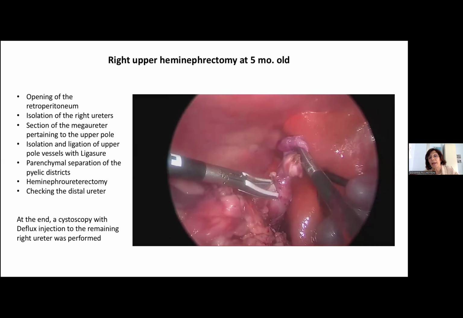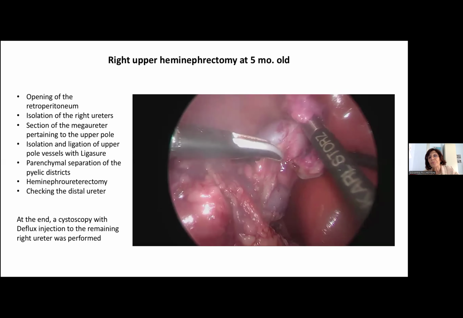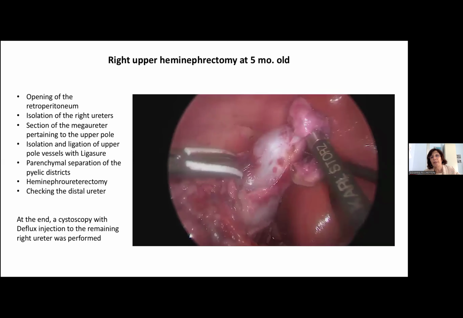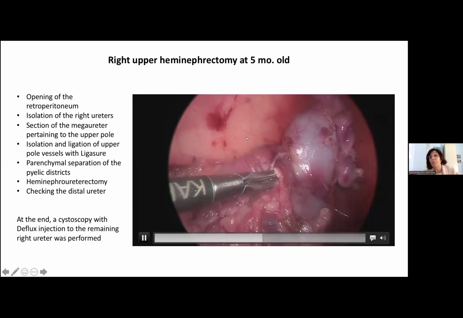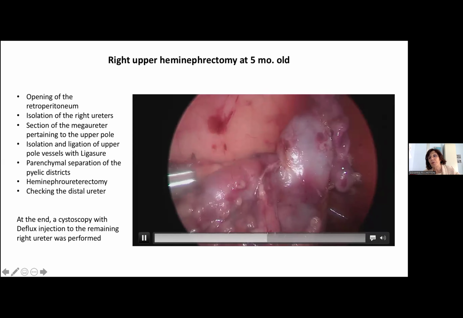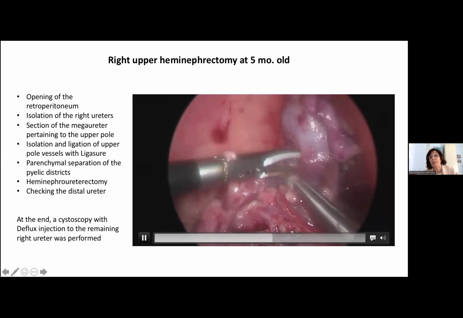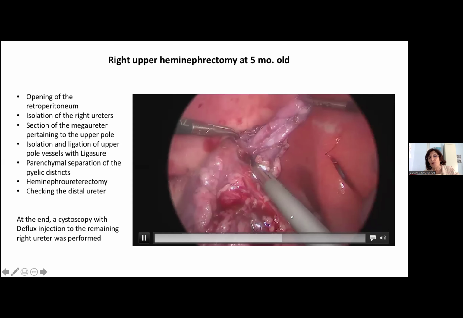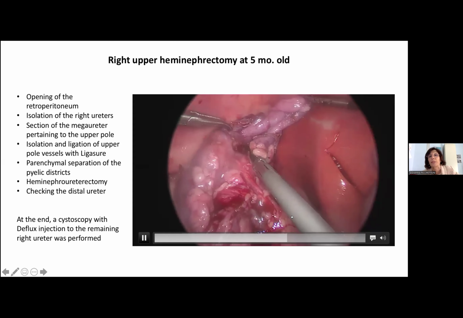At the end, there was a complete isolation of the moiety, of the ureter, of the pelvis. And if you see, the ureter and the pelvis were passed below the vessels. This is quite important.